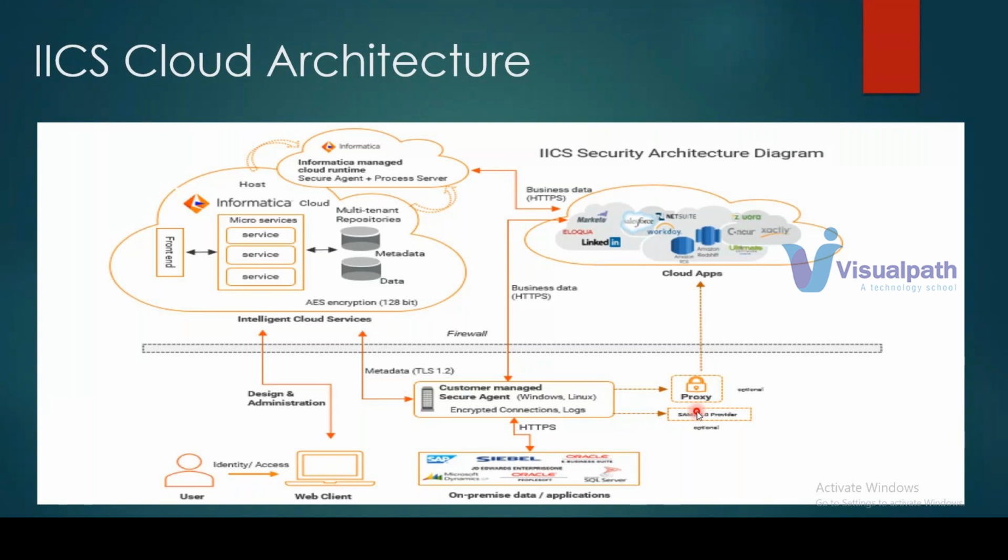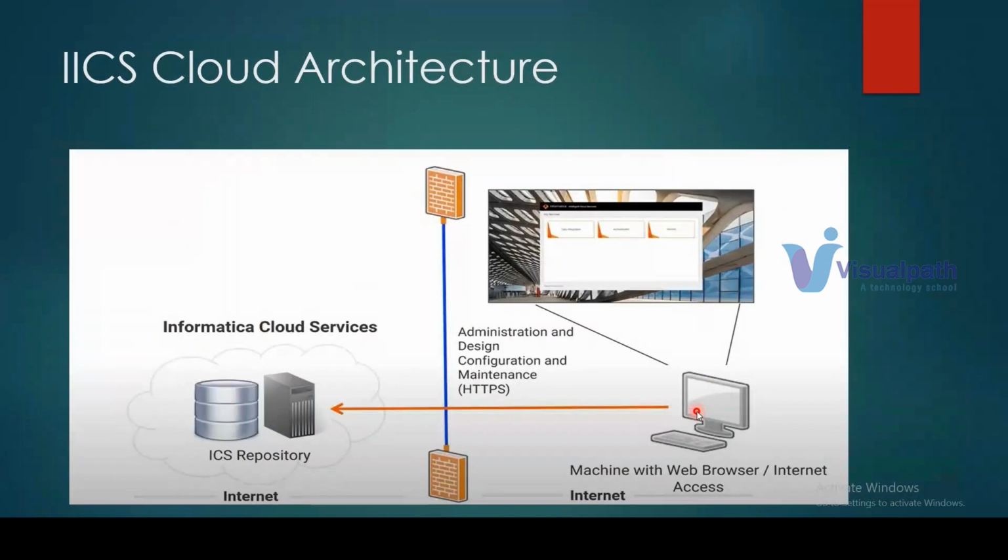So this architecture is where the metadata gets exchanged. I was talking about the customer managed secure agent. We are going to discuss in detail why, if I have to break up the architecture. The next picture is going to talk about the repository, where you have the Informatica Cloud Services hosted repository.